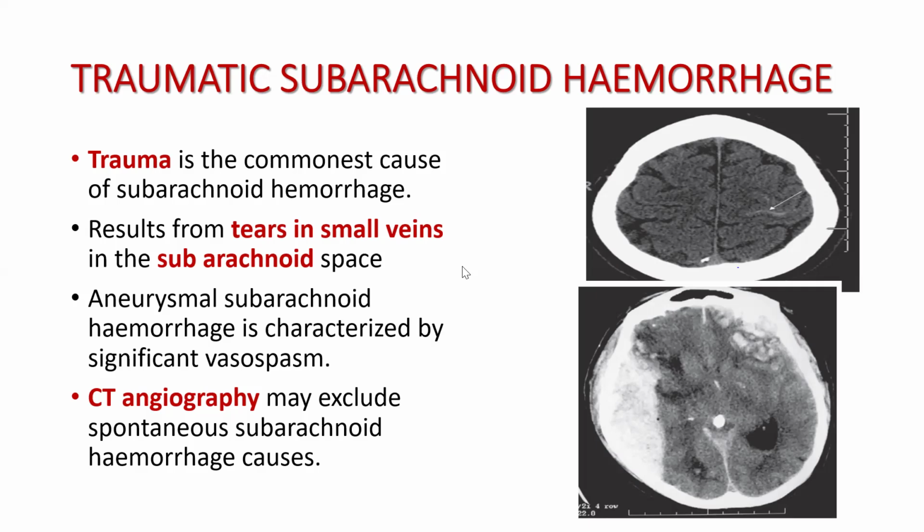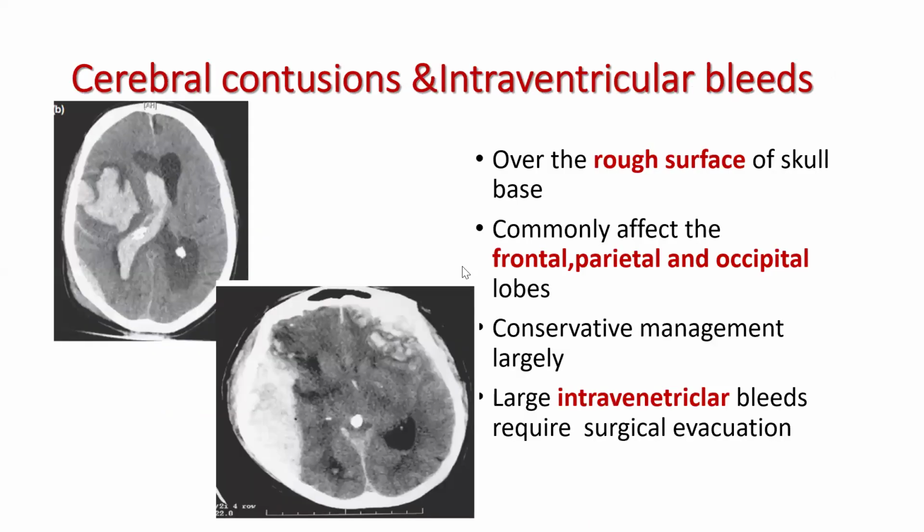All right. So now we are looking at cerebral contusions and intraventricular bleeds, and we've said that when the accident occurs and the brain moves over the rough surface of the skull base, it usually creates these contusions. It commonly affects the frontal, parietal, and occipital lobes, and largely it is conservative management.